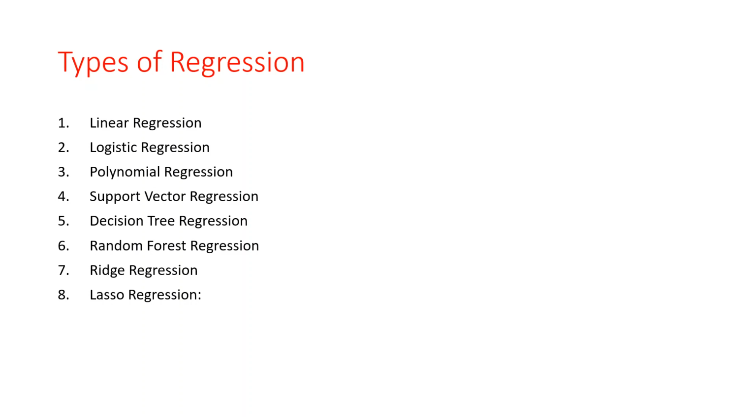Here we are discussing some important types of regression. First is linear regression, the second is logistic regression, third is polynomial regression, fourth is support vector regression, then decision tree regression, random forest regression, ridge regression, and lasso regression.